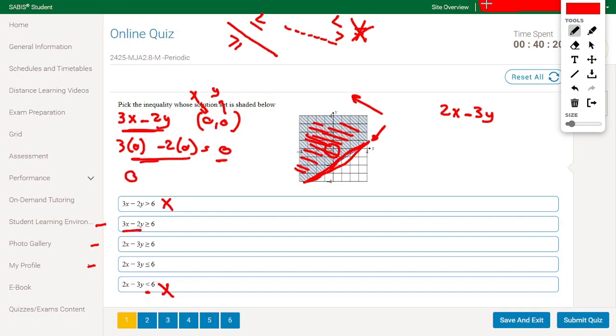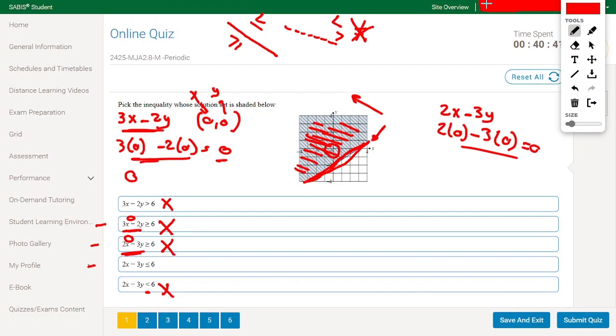No, so this is not the right answer. We have here also 2x minus 3y. We'll take the point 0, 0 also. 2 multiplied by 0 minus 3 multiplied by 0 is equal to 0. So this one will be 0 bigger than 6, wrong answer.